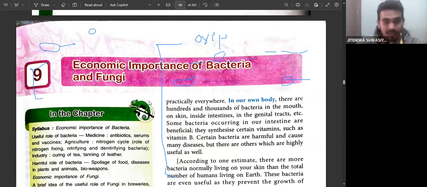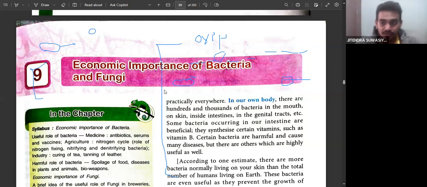This is the most important chapter because they have a lot of economic importance, like yeast that produces alcohol. In fermentation processes, whatever food processing materials we consume, we generally deal with fungi and bacteria. The mushroom we consume, and idli and dosa, are also fermented products.